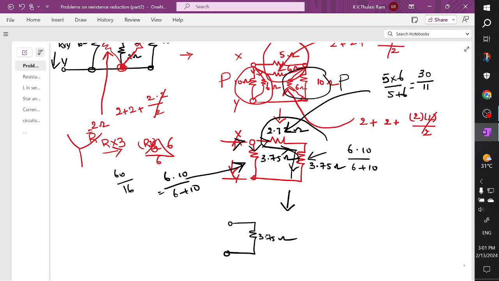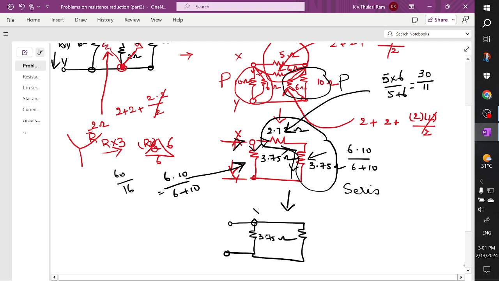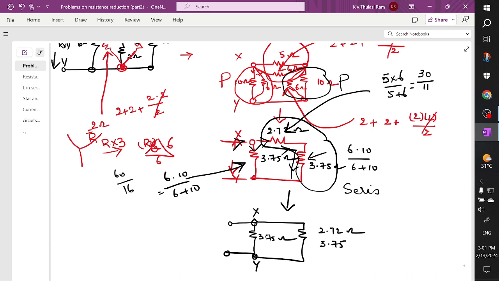I can say these two resistors are connected in series, and this is connected between the nodes x as well as y. So you are going to get 2.72 ohms plus 3.75 ohms. When you add these two, you are going to get 6.47 ohms as the resultant value.